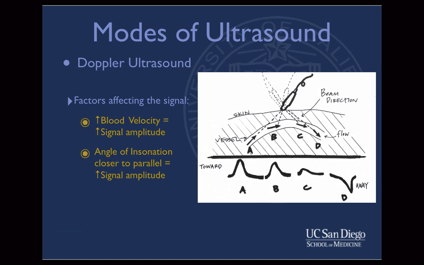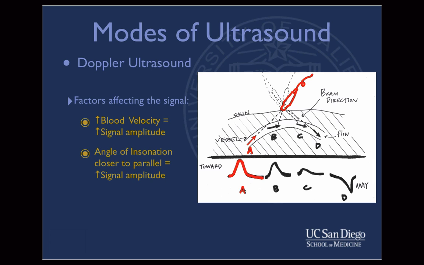Additionally, one must pay attention to the angle of insonation. This refers to the angle between the ultrasound beam and the direction of flow. Notice in the diagram that as the transducer is moved along the course of the blood vessel, the angle of insonation changes. In position A, the transducer beam is directly parallel to blood flow, which is moving towards the probe.